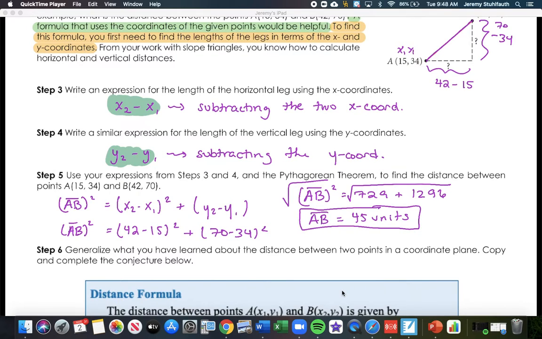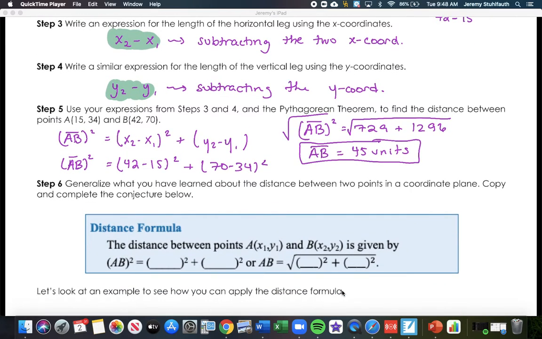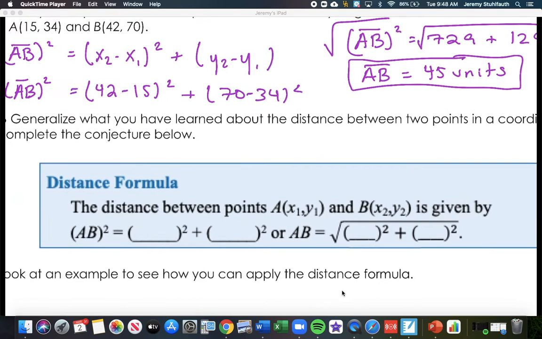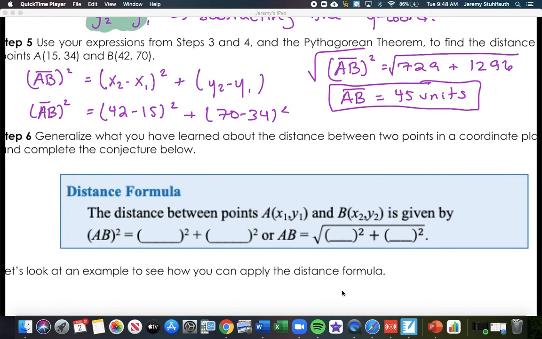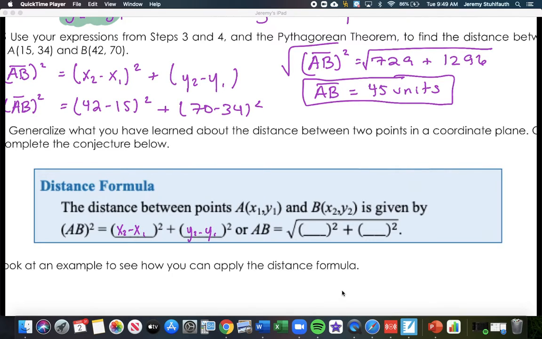What we can do here to generalize this is say that the distance squared between two points is equal to x2 minus x1 squared plus y2 minus y1 squared. Or we could say that the distance is equal to the square root of x2 minus x1 squared plus y2 minus y1 squared.